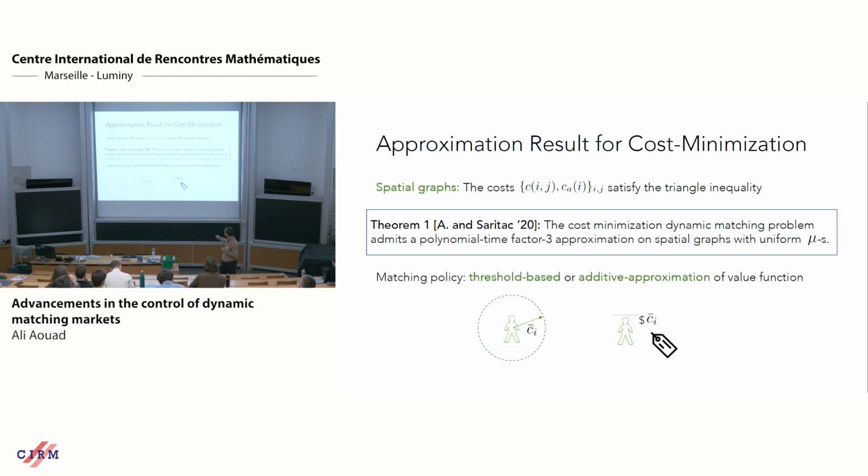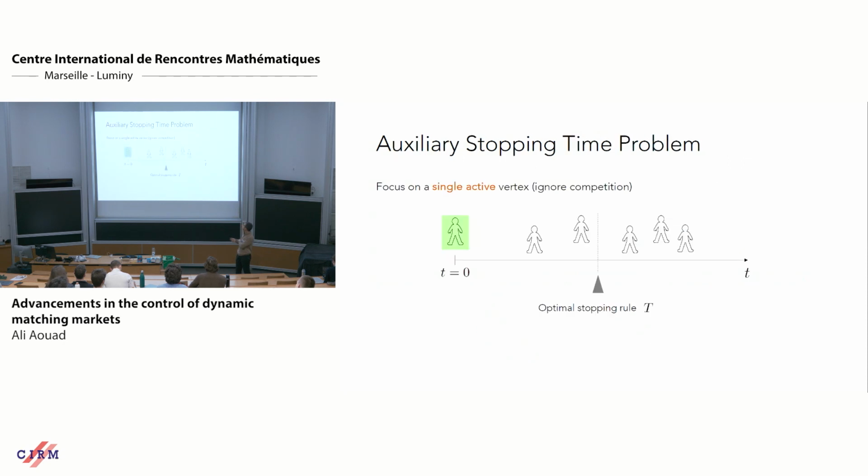So the same value that we used for the threshold, we could use as a marginal cost for that agent in regards to the future arrivals. In the simulations that we've done, this additive approximation turns out to be more effective than hard threshold policies. That's perhaps expected because these are smoother decisions. All right, so how do we get this threshold or this marginal cost?